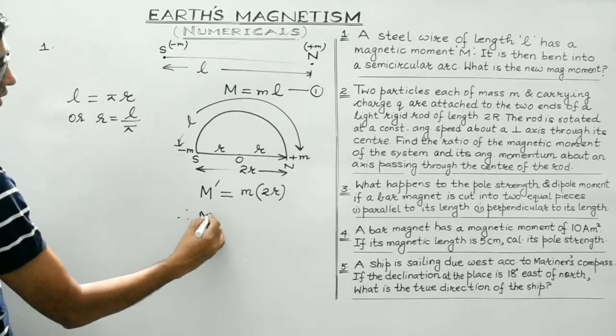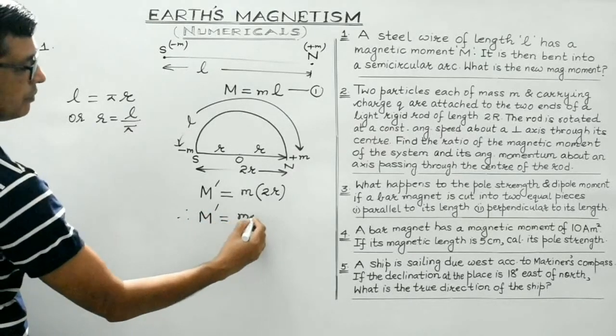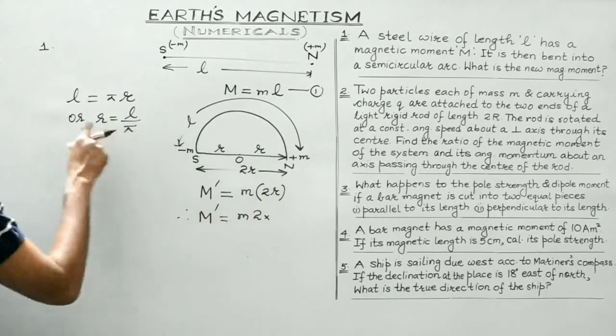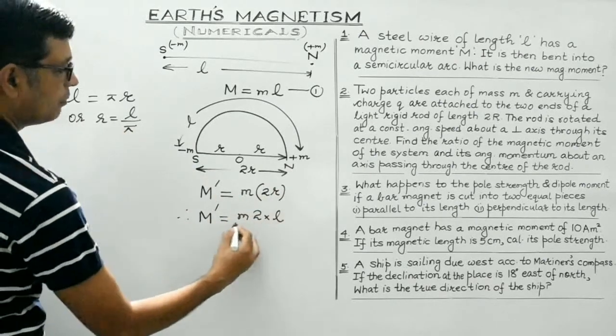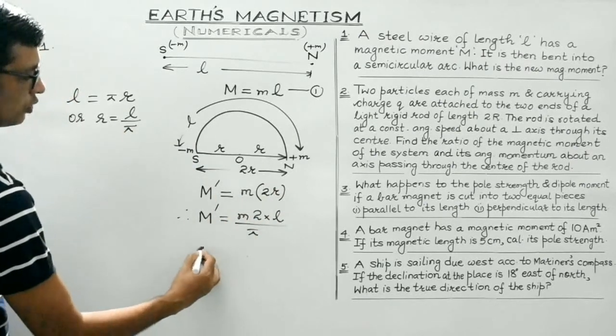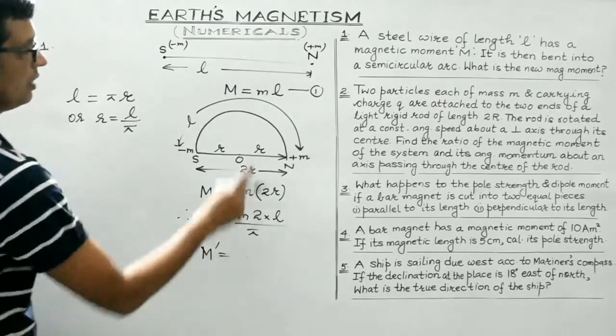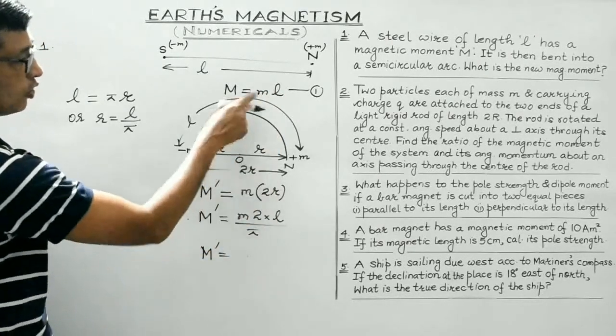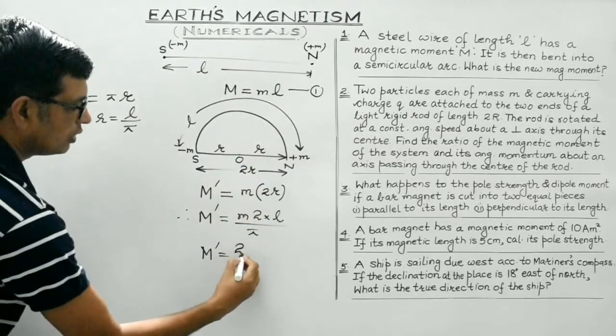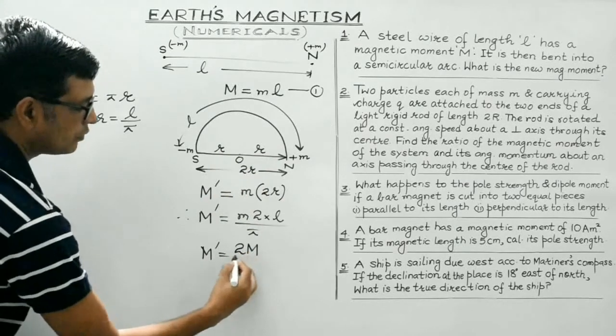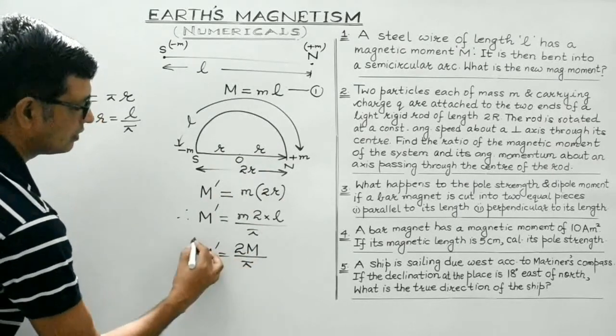Therefore, m dash would be equal to m into 2 into, in place of r you can write L by pi. So that in turn will give us m into L, that is the original magnetic moment, so it is 2 m L divided by pi.